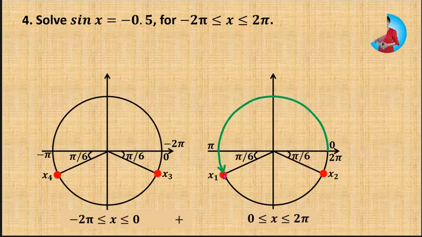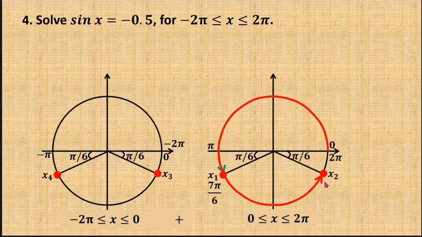This value can be obtained by using pi plus pi over 6, which is equal to 7 pi over 6. The value of x2 also starts from 0 to x2 in the direction of anti-clockwise.